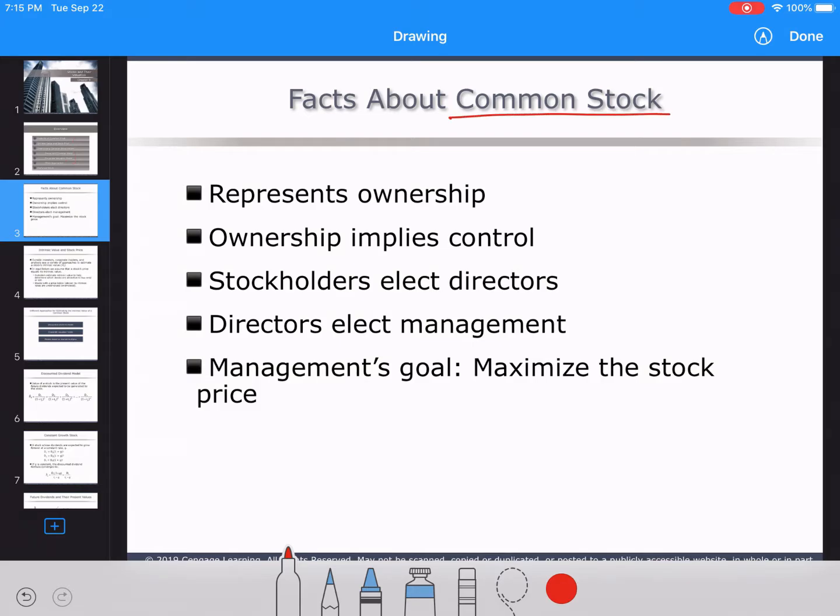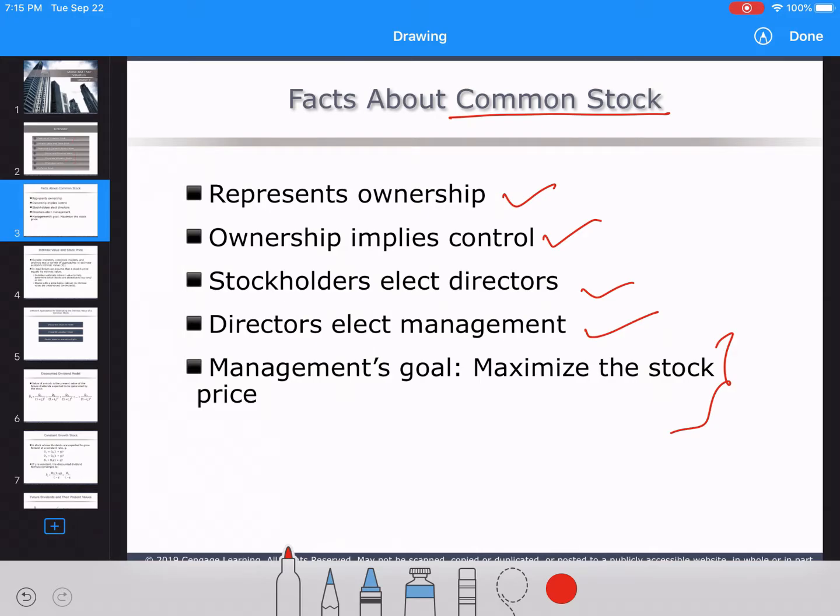And common stock, as opposed to preferred stock, represents ownership, therefore control. Shareholders elect the directors, and directors elect management and maximize the stock price.